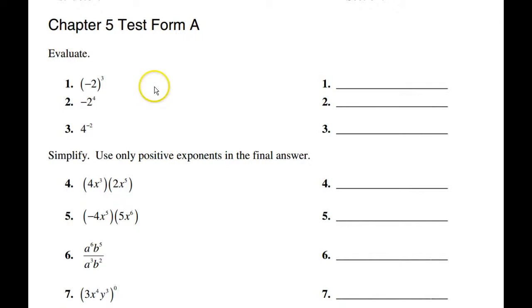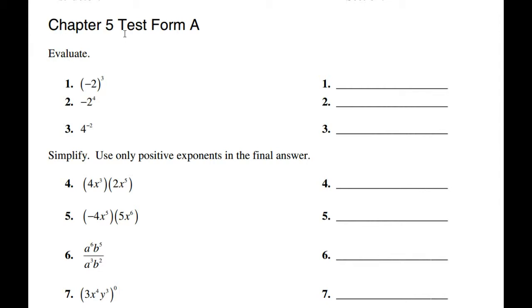We're going to take a look now at some test items from Chapter 5. Now remember, you're going to have a combined test, Chapter 4 and Chapter 5. I already have the Chapter 4 test posted, and it is rather comprehensive, much more than you will actually have on your computer generated test.